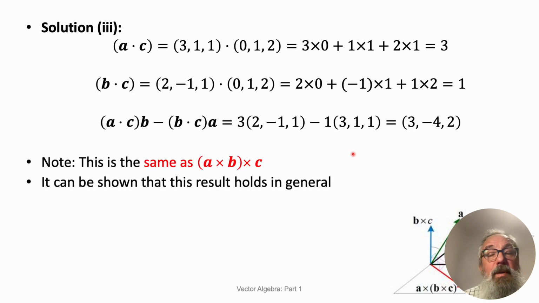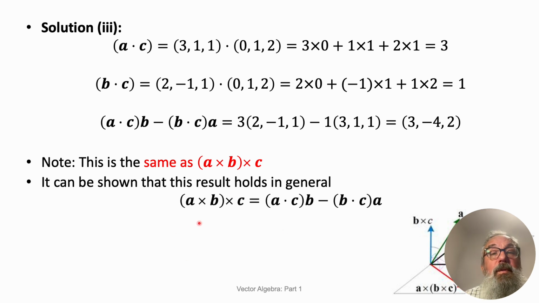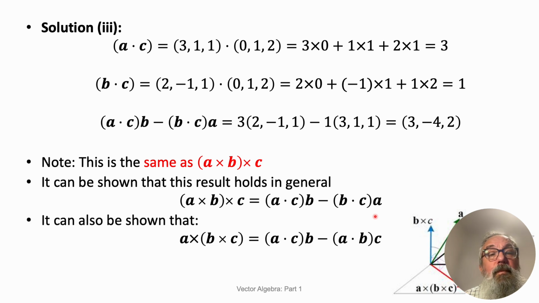And it's the same as A cross B cross C. And this is a standard result that is not so obvious and sometimes useful to understand the relationship between the cross product and the dot product. We can always expand it the other way around as well, and it'll be the same.